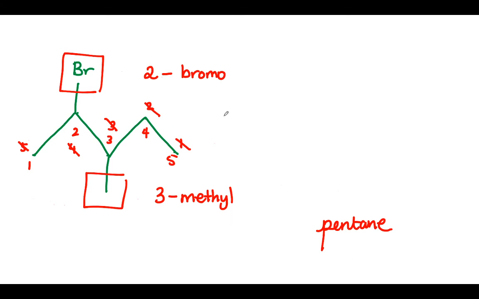Now when I put these all together, I want them in alphabetical order. So I'm going to compare my B and my M. B obviously comes first in the alphabet, so I'm going to put that at the front of the name, and then the methyl goes after. So it would be 2-bromo-3-methylpentane. That's how you would name that particular compound.